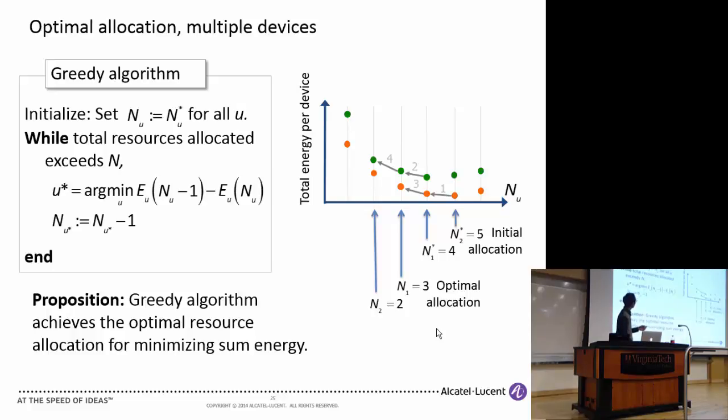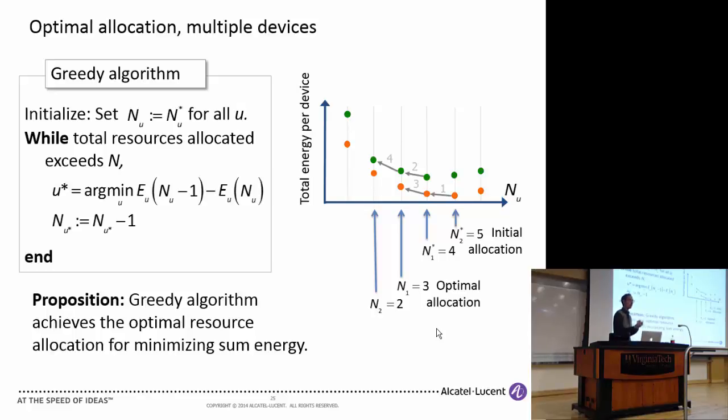It's a greedy algorithm, and so you have a total of 9 resources allocated. Let's say the total number of resources you have is 5, and so you basically want to step back from 9 resources, take 1 resource away per step until you have a total of 5 left, because that's the total number that you have to actually allocate.